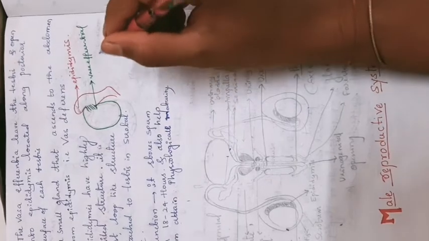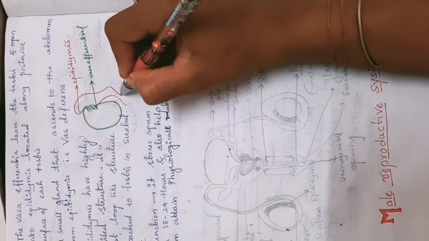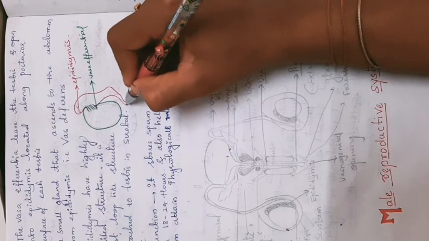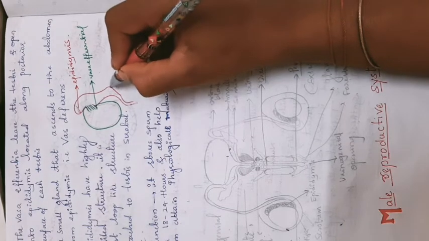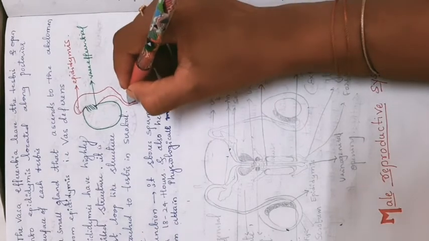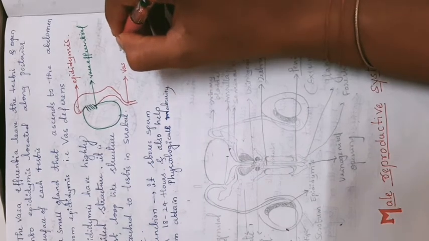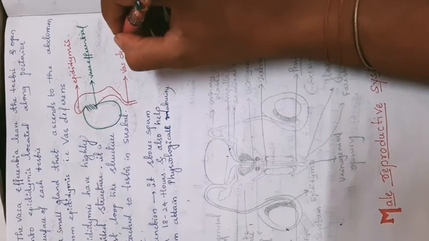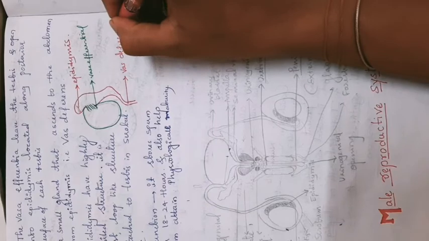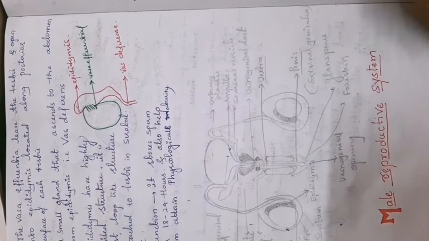Then a small tube-like structure which arises at the lower side of the epididymis is called the vas deferens, or you can say vasa deferentia.